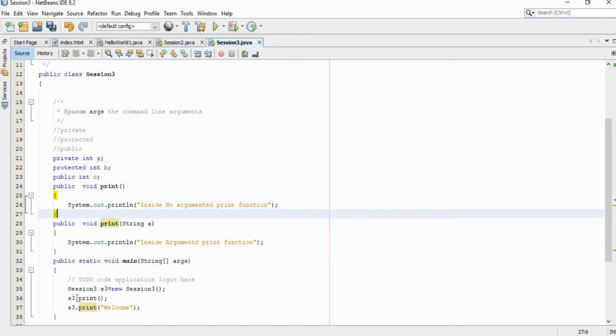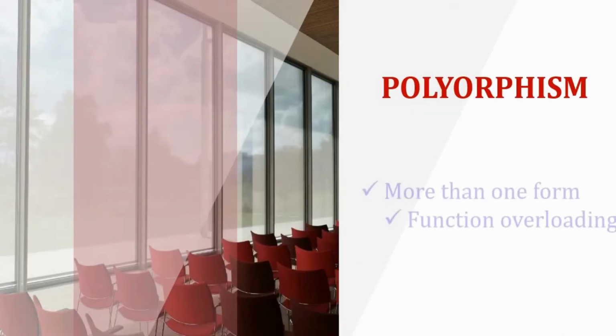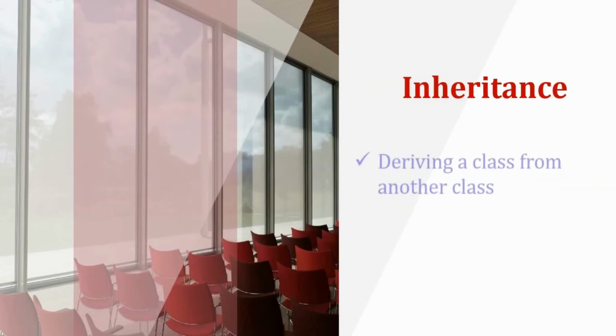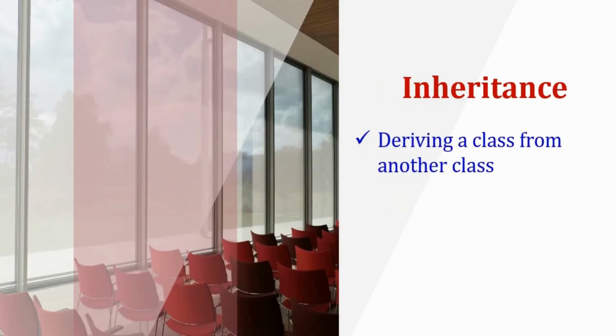Before learning about function overriding, we can learn about inheritance. After learning about inheritance, I will tell you about function overriding, right? So let's go back to our inheritance. Inheritance is nothing but creating a class from another class, right?